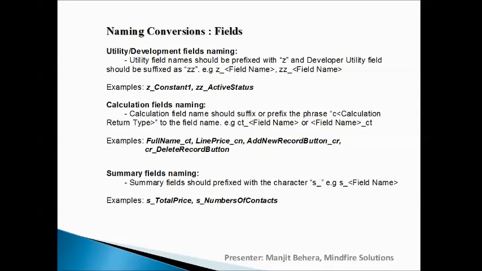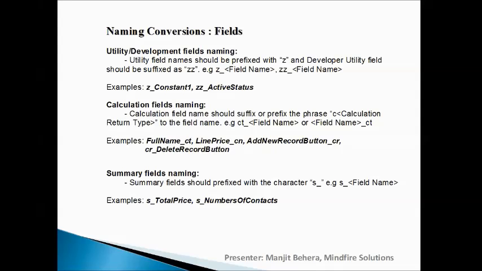We create a TO by using this zz underscore active status with mapping to the status field, and then we create a relationship and filter out the active records. So this is the developmental fields naming for use.